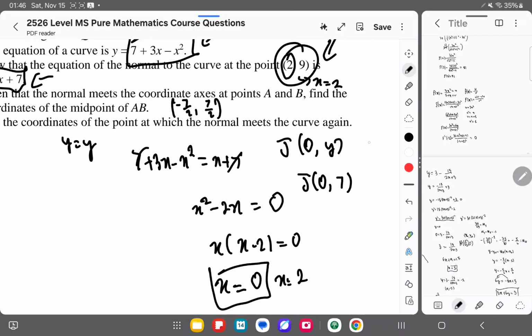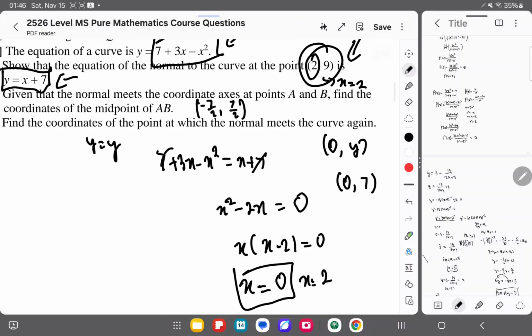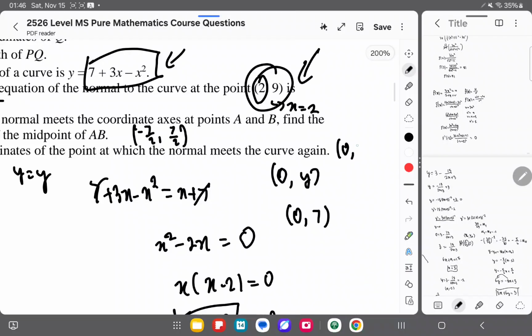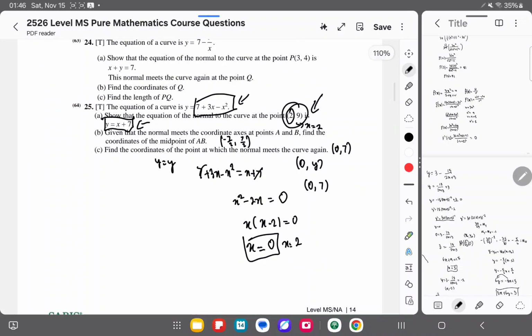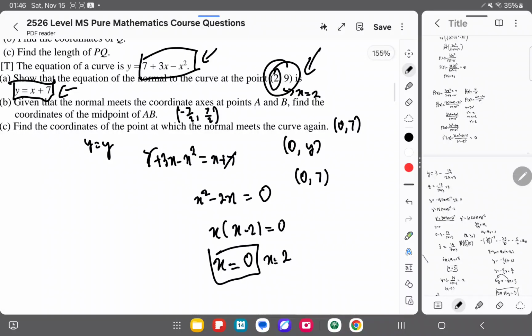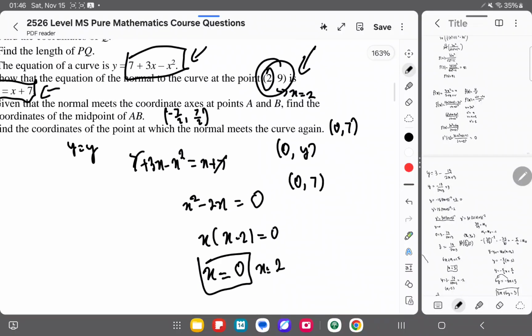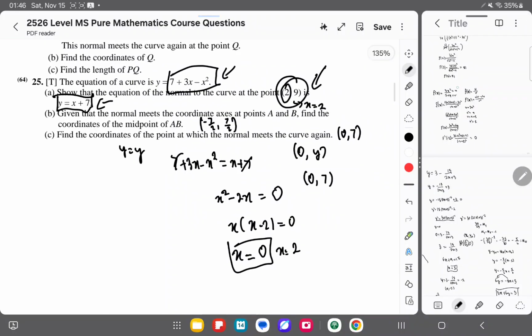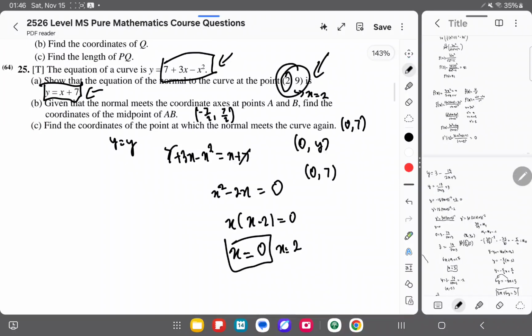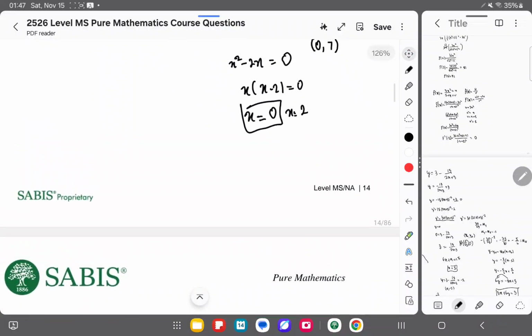You don't label it as j, just keep it for temporary use, and at the end put 0, 7 as your answer. Since you're finding another x-intercept, I guess. No, wait. Not an x-intercept. It's a y-intercept. So yes, this is the answer here.